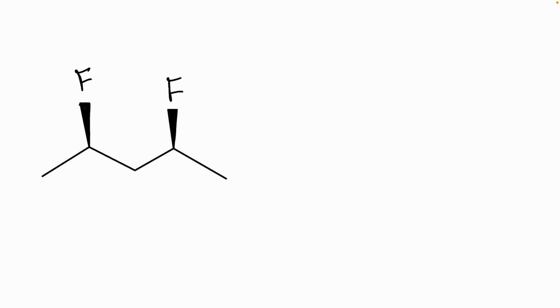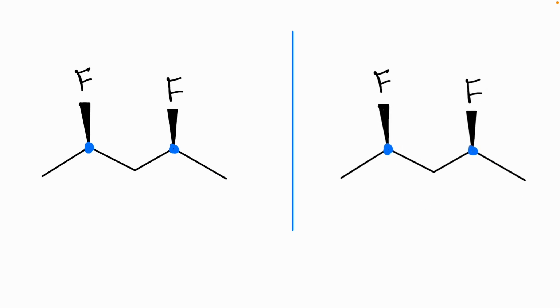How many? It's got two. One at the base of this fluorine, that's one, and one at the base of this fluorine. So I have two chiral centers in this molecule. But let's go ahead and take its mirror image. Do I have a new molecule here when I take this mirror image? No, this is the exact same molecule, okay? So this is an example of an achiral molecule that has chiral centers.